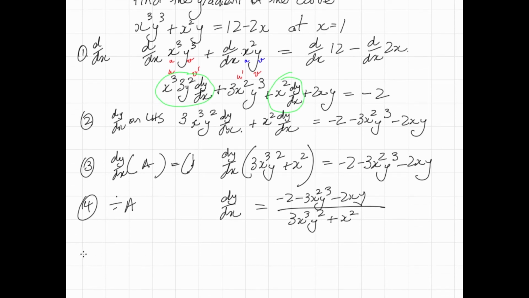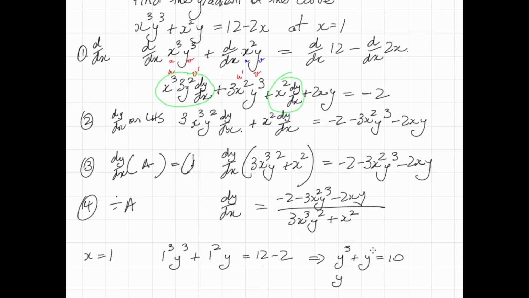So we've got x equals 1, so we've got 1 cubed y cubed plus 1 squared y equals 12 minus 2, and from that we've got y cubed plus y equals 10, and from that we can work out that y is equal to 2.